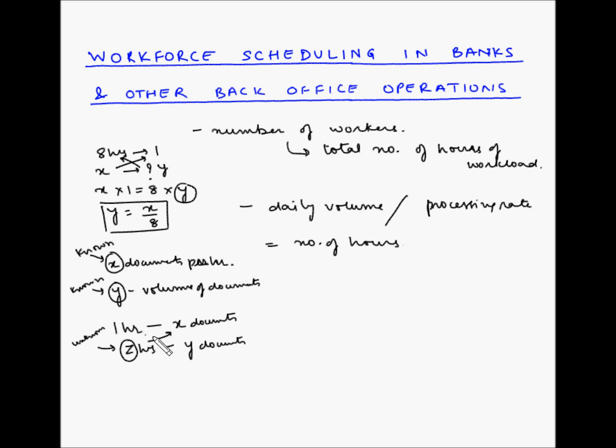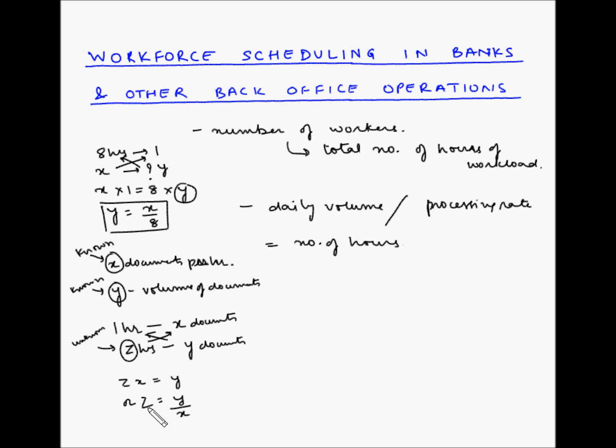So again, cross multiplication. So Zx is equal to Y, or Z is equal to y divided by x. So y is the volume, that is the daily volume here, and x is the processing rate, x documents per hour.